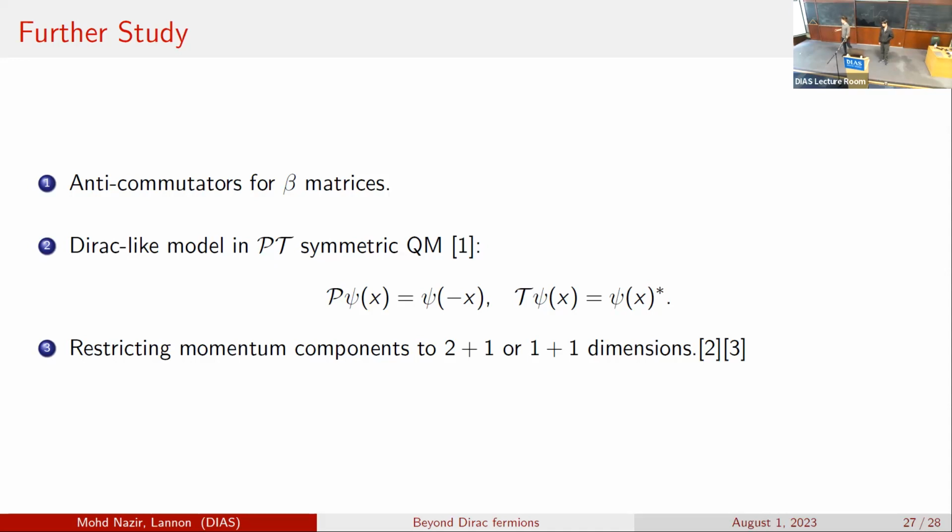And finally, another possibility we could consider is restricting the momentum components to 2 or 1 spatial dimensions. The reason we could consider this is because much of the research currently operating for Majorana fermions consists of two-dimensional planes or one-dimensional lines. And that can breed a new genre of statistics. In 3 spatial dimensions, we can only have 2 possible statistics available to us, the fermionic and bosonic statistics.